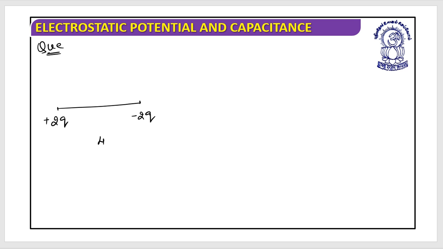Their separation is 4 centimeter. This is the midpoint, and from this is the point P, and their separation is r. You can assume that r is much greater than 4 centimeter. So this is location P.